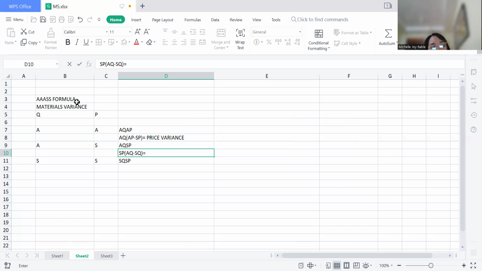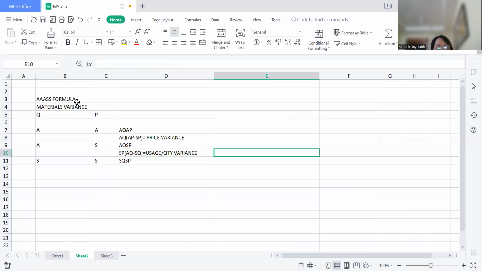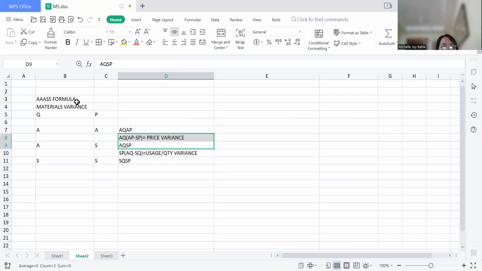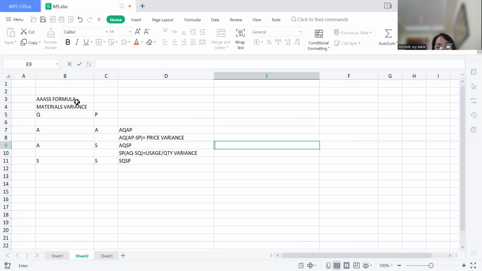This is equal to your usage or quantity variance. And when you sum this up together, we have the total materials variance.